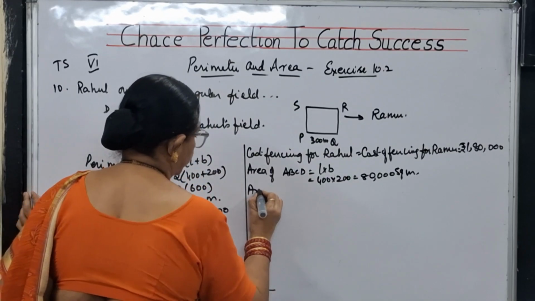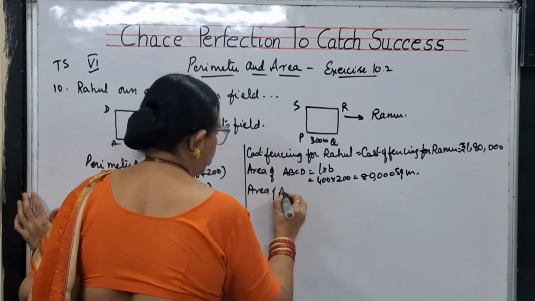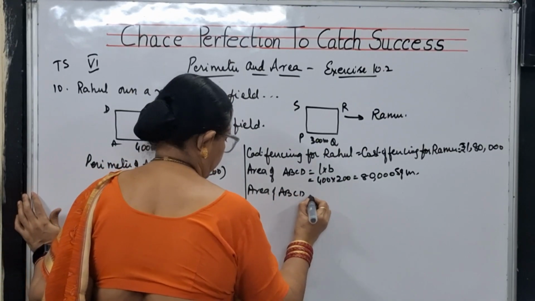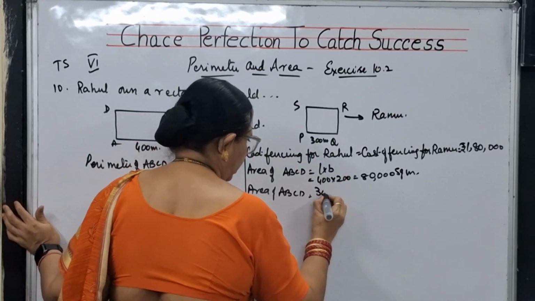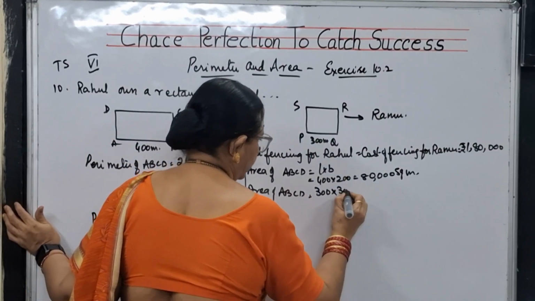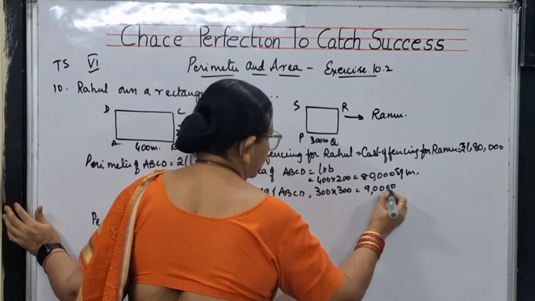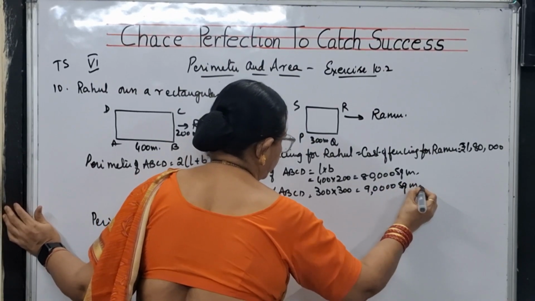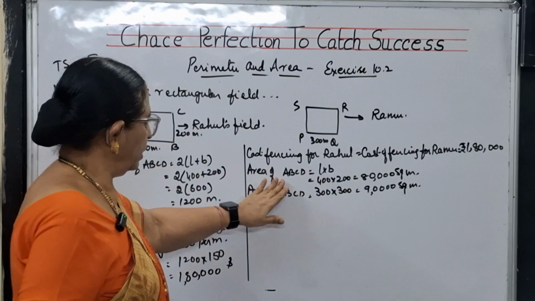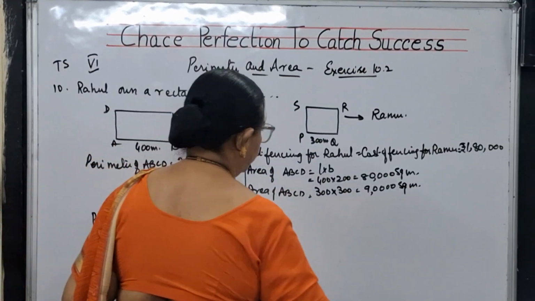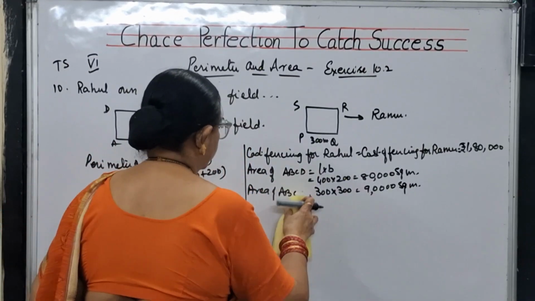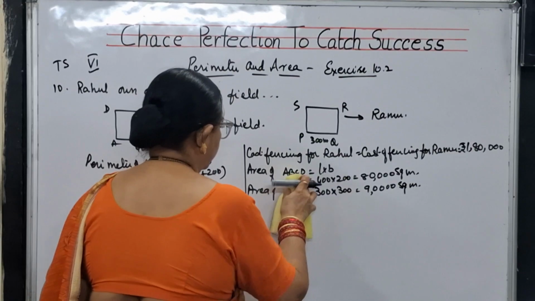Now, area of PQRS is equal to 300 into 300, 3 3s are 9, 9,000 square meters. So, you have got the areas. ABCD I have already done. Sorry children, this is PQRS.